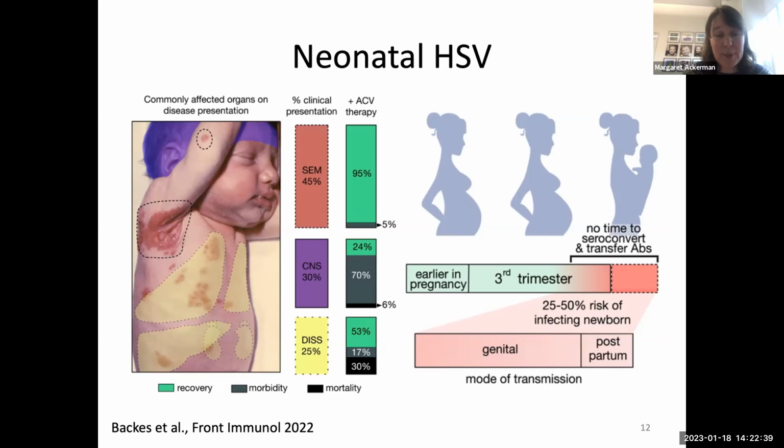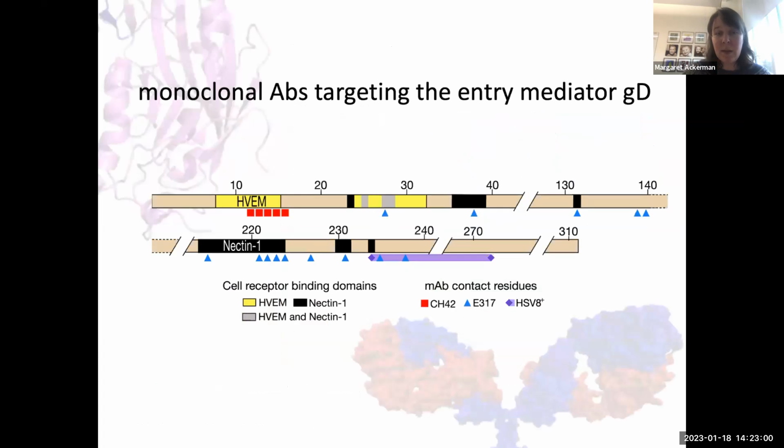So those are the babies that upon birth are at the greatest risk of infection and the greatest risk of really serious and severe disease that, even in the context of acyclovir antiviral therapies, leaves many babies with significant lifelong morbidity. But the epidemiological evidence, the fact that seropositive women's babies are rarely affected, indicates how protective antibodies can be.